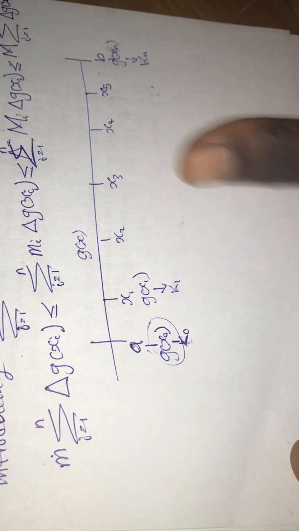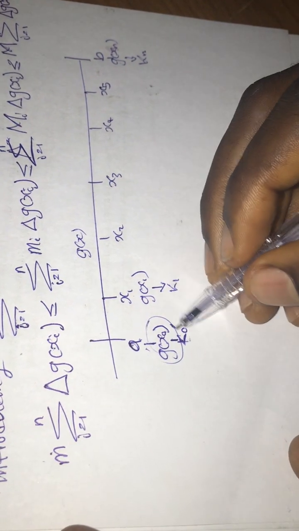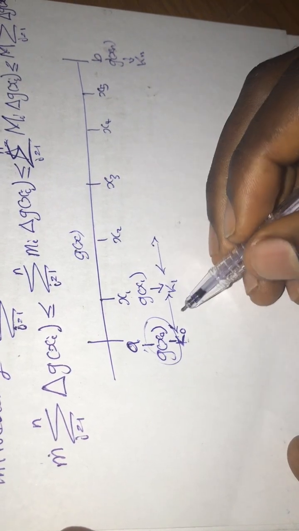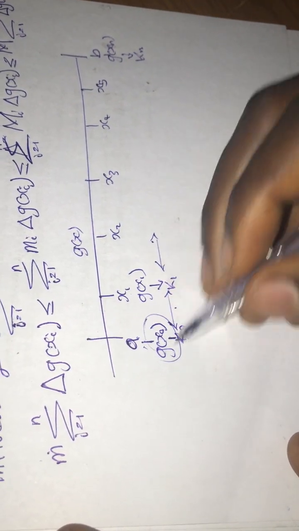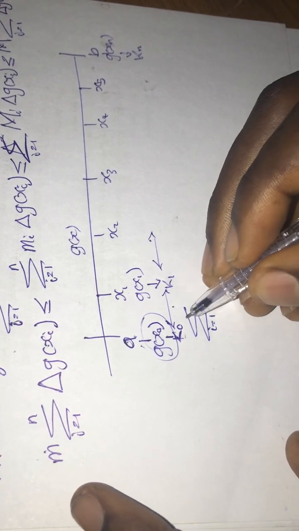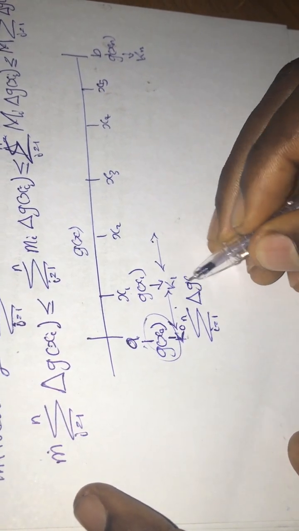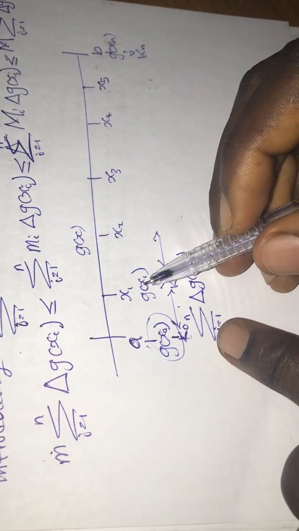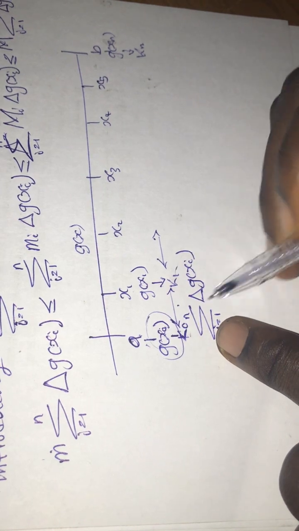For example, this is an assumption. Now if you are looking for the distance between the two, what we are saying here is we are looking for the sum of, when i is equals to 1 to n, of delta g(x_i). Because look at this, usually this one minus this one, that's the meaning of this.